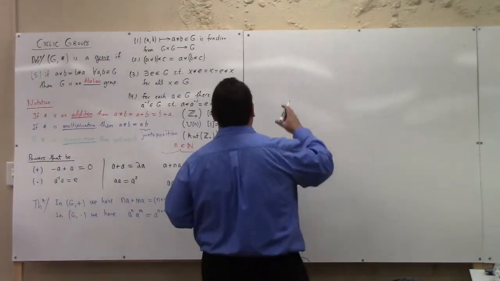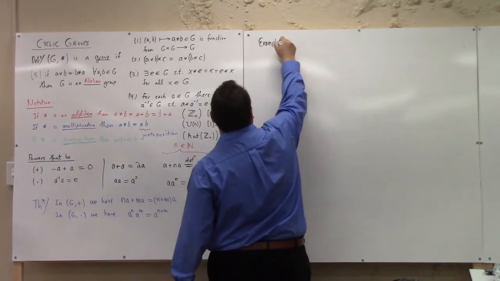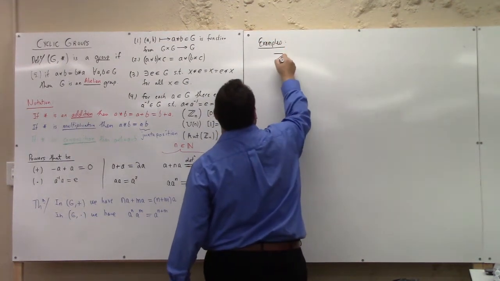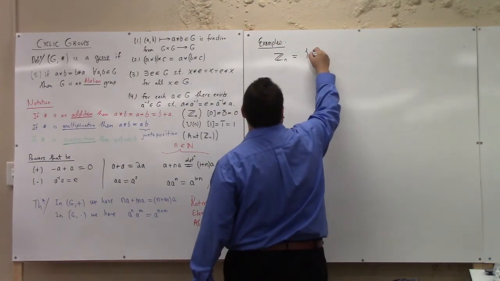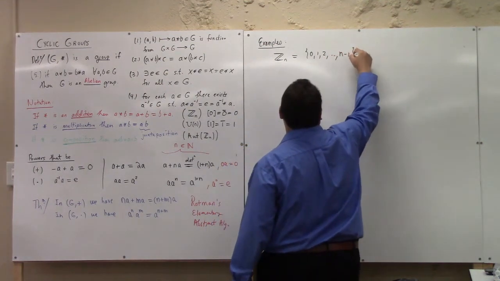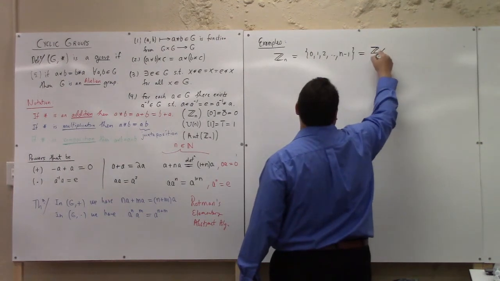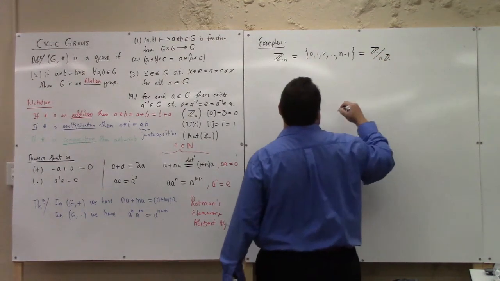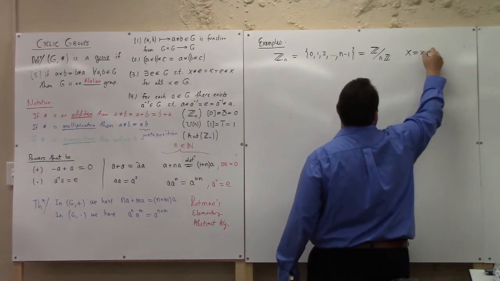So let me talk about our examples. First of all, we have Zn. Here we're talking about 0, 1, 2, dot dot dot, n minus 1, which I'm using as a shorthand. Technically, if you want me to be fussy, x is really equal to x plus nZ.